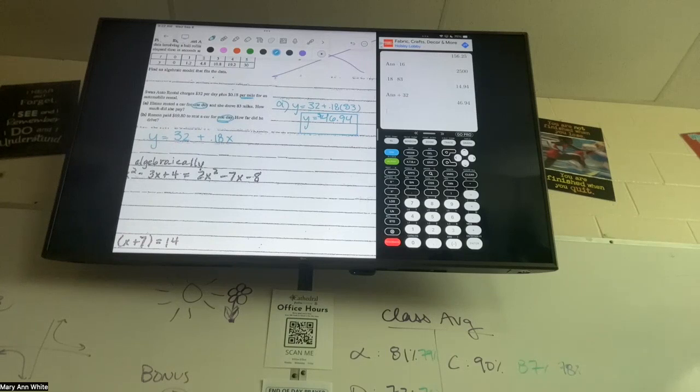Letter B says Ramon paid $69.80 to rent a car for 1 day. How far did he drive? Where does that dollar amount go? In for the Y, good. So we're gonna say 69.80 equals 32 plus 0.18x.